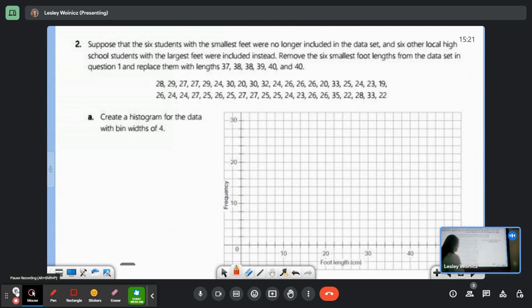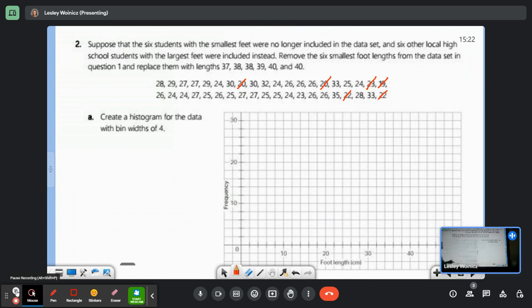So 19 is out. 20 is out. There's another 20. I see a 22. I also see a 23. There's another 22. Yeah, bottom row. Okay, so how many? I'm at 5. So one of the 23s goes?